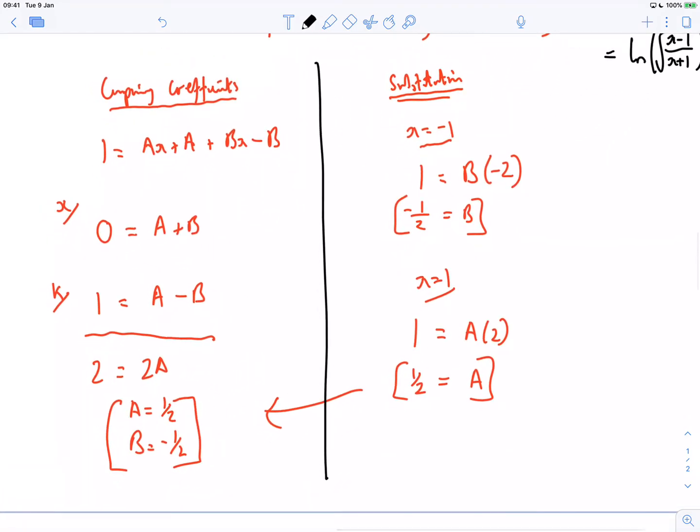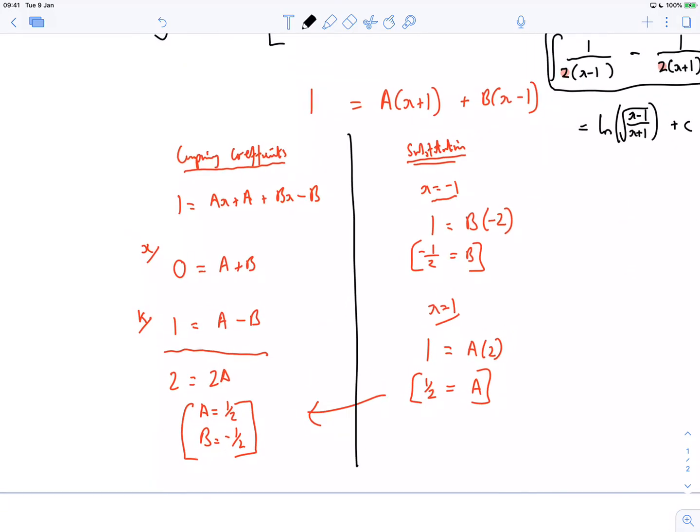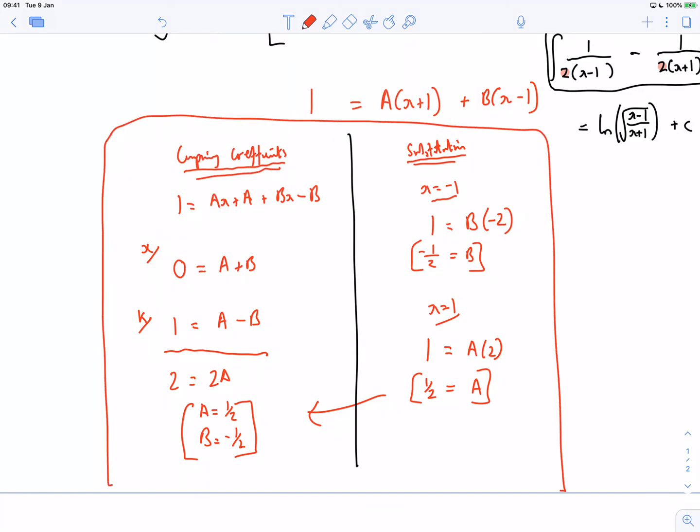So, what's the deal between comparing coefficients and substitution? Because as far as I'm concerned, they're the two main bread and butter methods. Comparing coefficients will always work, but it's slower. As you saw, I had to build up a chain of simultaneous equations, and because there was only A and B, it didn't take too long. But suppose there were A's and B's and C's and D's and E's and so on, it could take a long while.